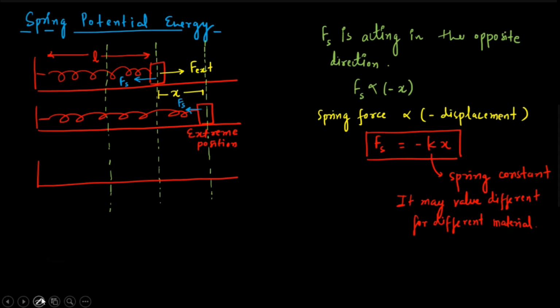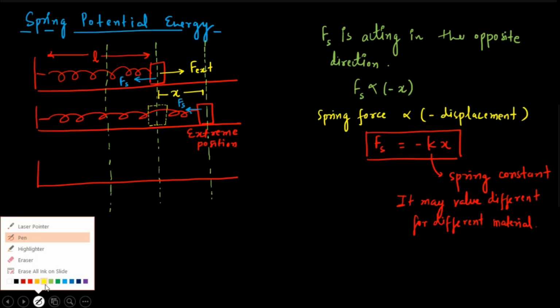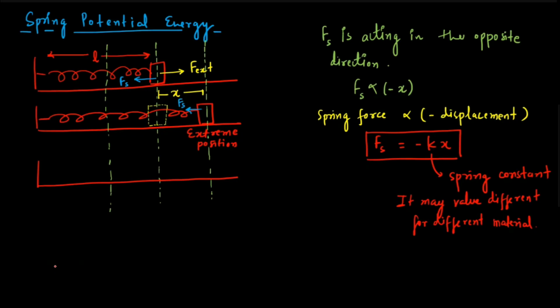But think and tell me, once it reaches this position back, will this spring be able to stop? No. Why? Because once it reaches its mean position, it must have some velocity.